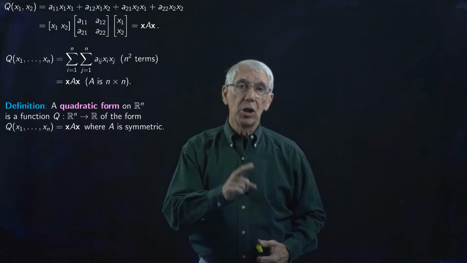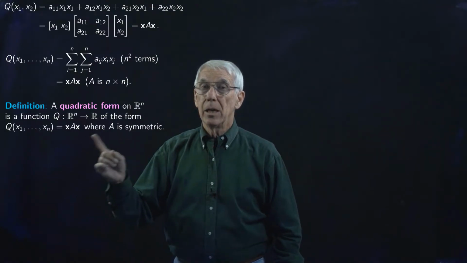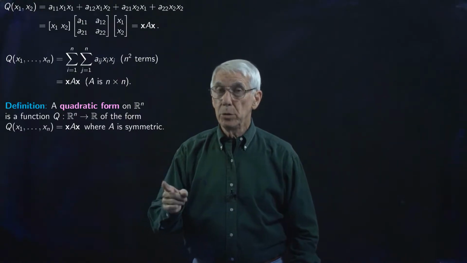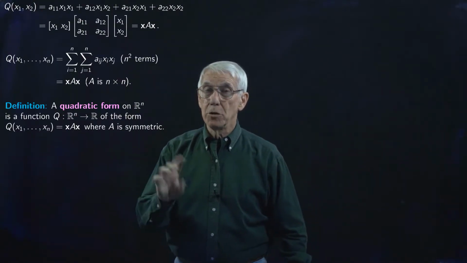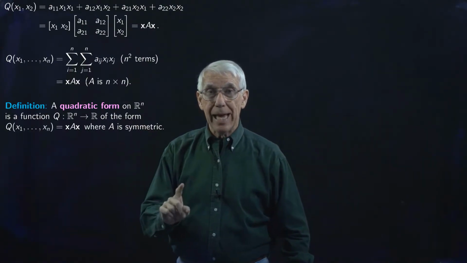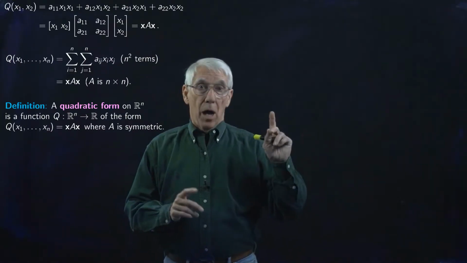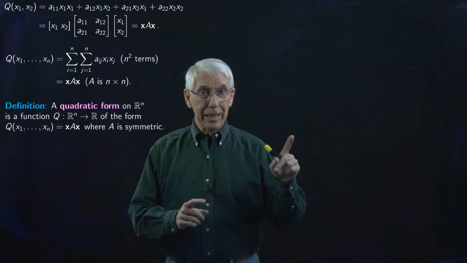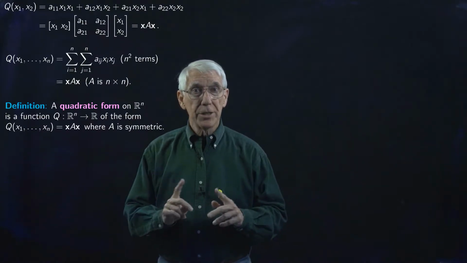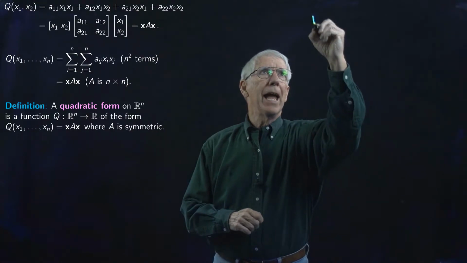And similar other properties of the function Q can be expressed, analyzed, determined, and proved with the symmetric matrix A that defines the quadratic form. So with that knowledge under our belts, we can now use it to develop some of the properties of quadratic forms.